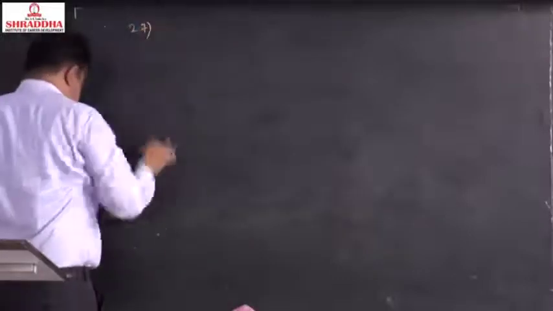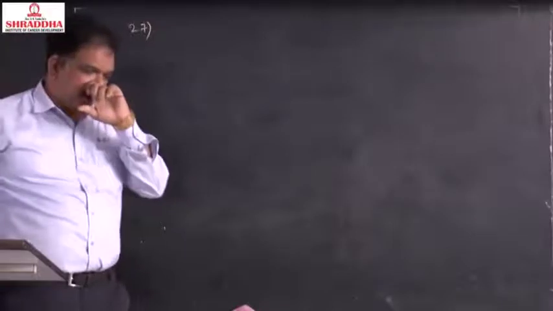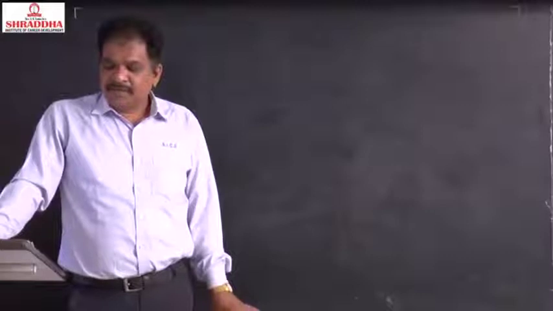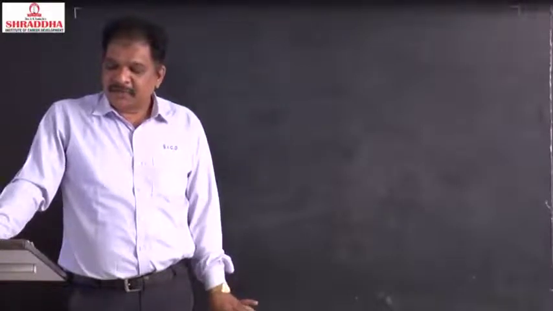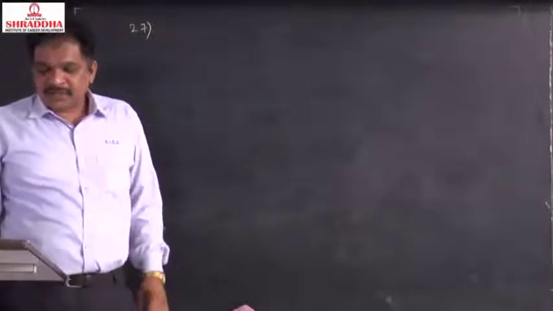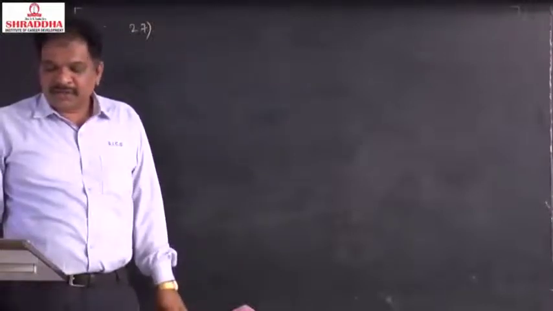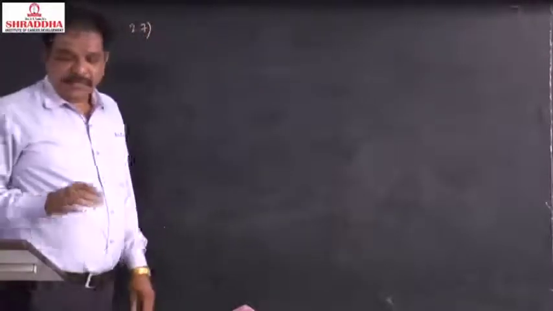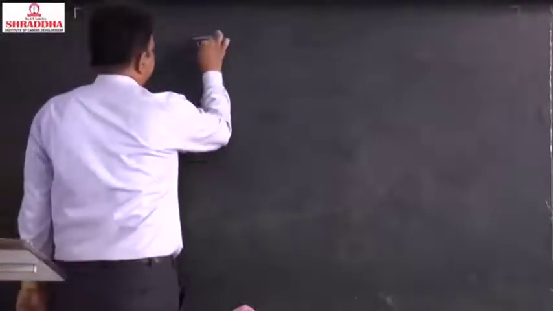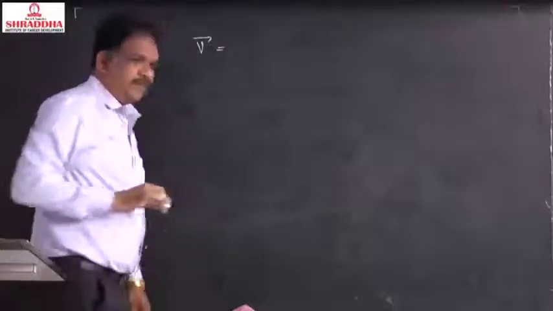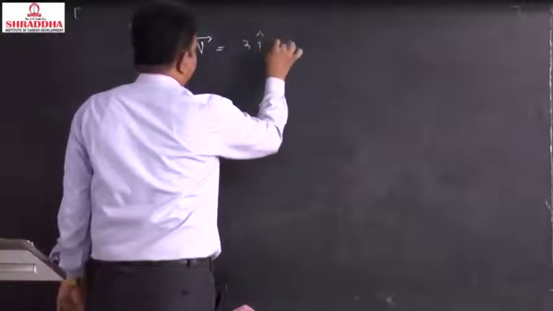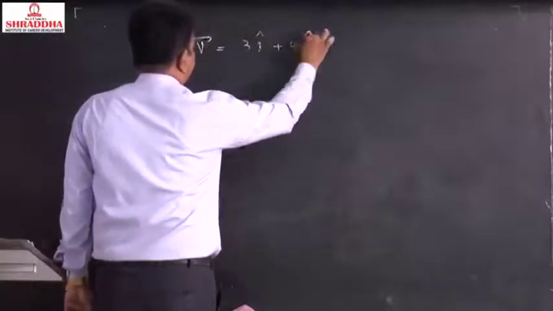27, you see. What they are asking: V bar is equal to 3i cap plus 4j cap. Then with what scalar C must it be multiplied so that the modulus of CV is equal to 7.5? So one vector is given, V bar, that is 3i cap plus 4j cap.